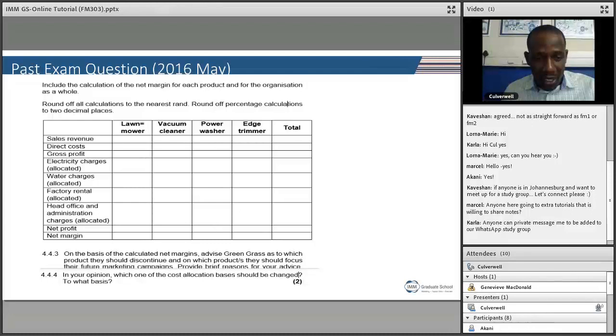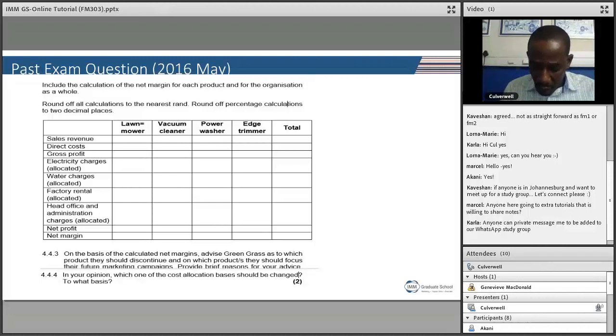So what I'll then do is say how much profit did we make on the lawnmower. We made the 17,640,100 divided by my sales revenue, which was 88 million, times 100, so that I express it as a percent.